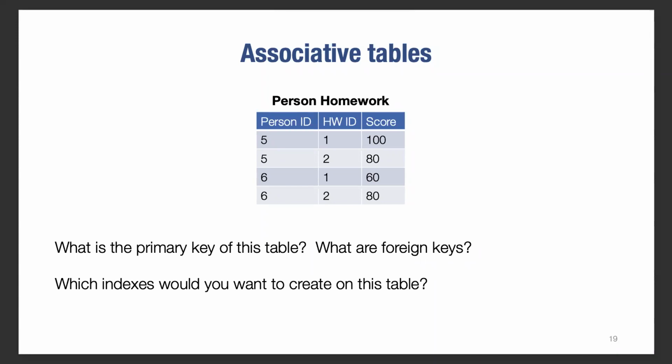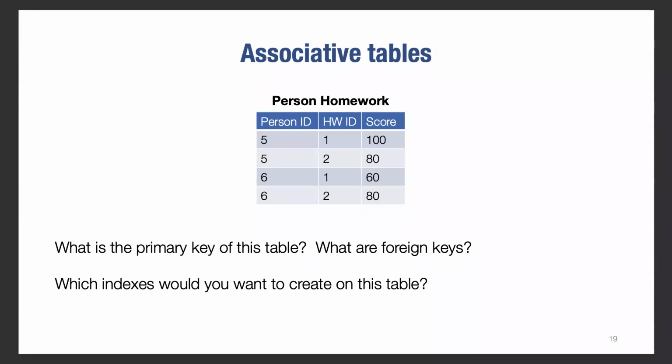For this person homework example, we could have a dimension table where person ID is the primary key, with other columns like the person's name and maybe the person's class. We could also have another dimension table where homework ID is the primary key, with the different homeworks as columns.